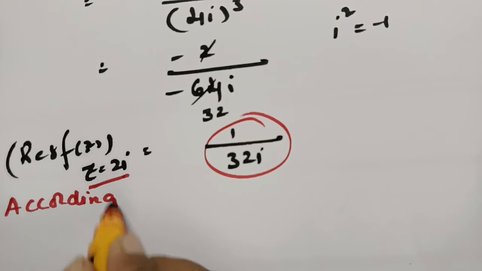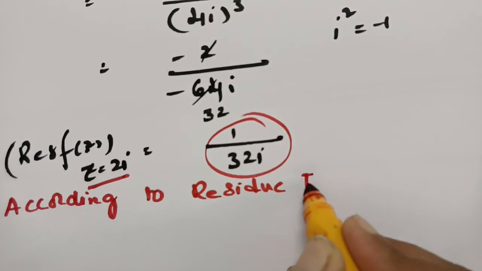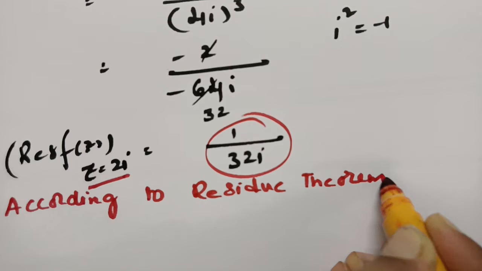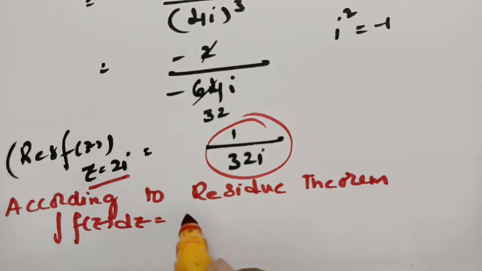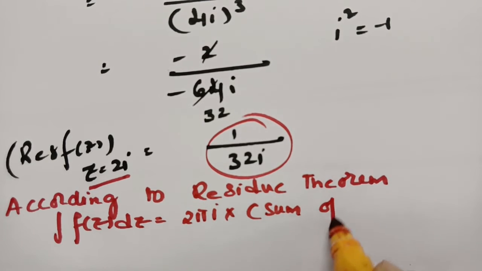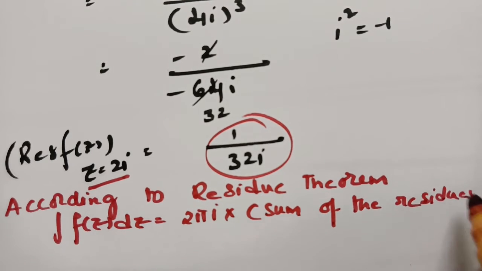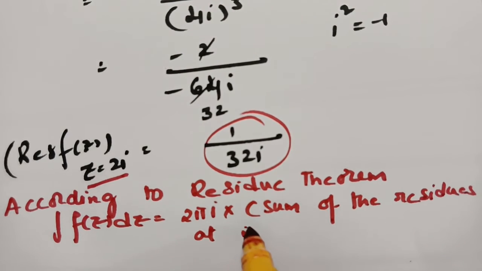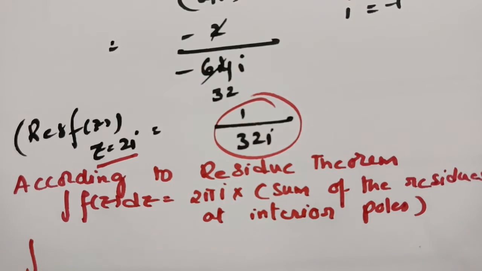According to the residue theorem, integral f of z dz is nothing but 2 pi i into the sum of the residues at interior poles.